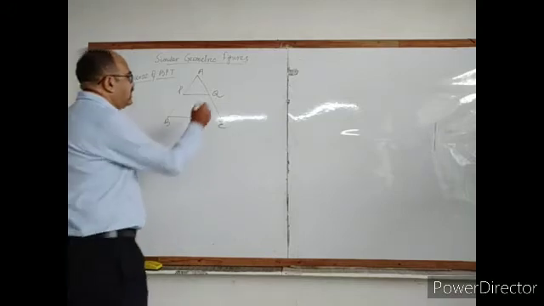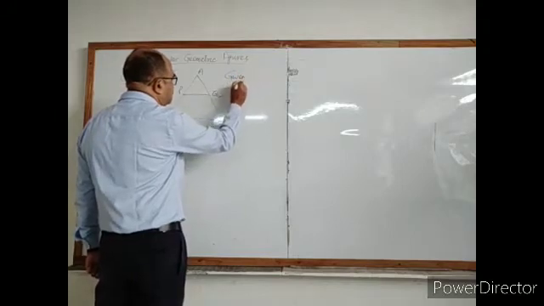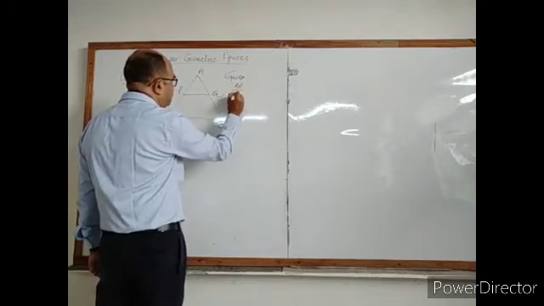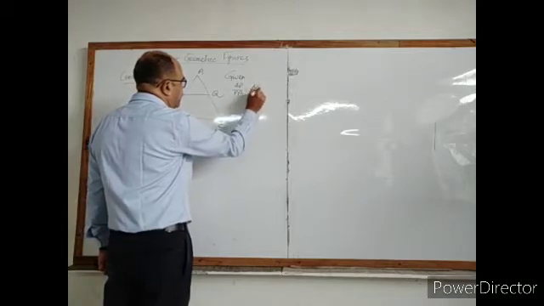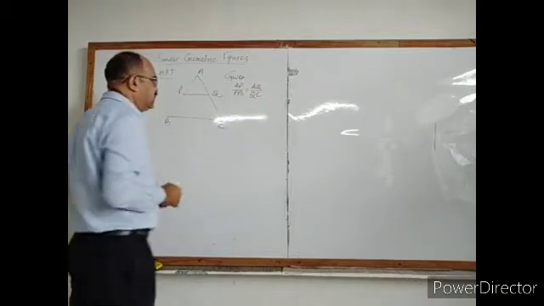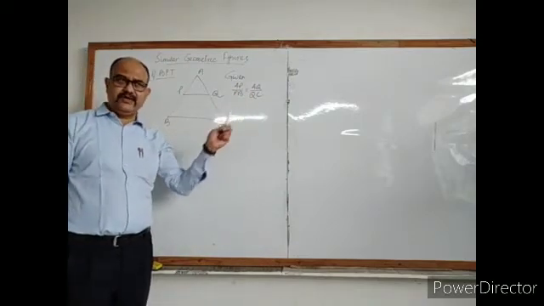That means here our given part is AP by PB equal to AQ by QC. This is our given: in triangle ABC, AP by PB equals AQ by QC.